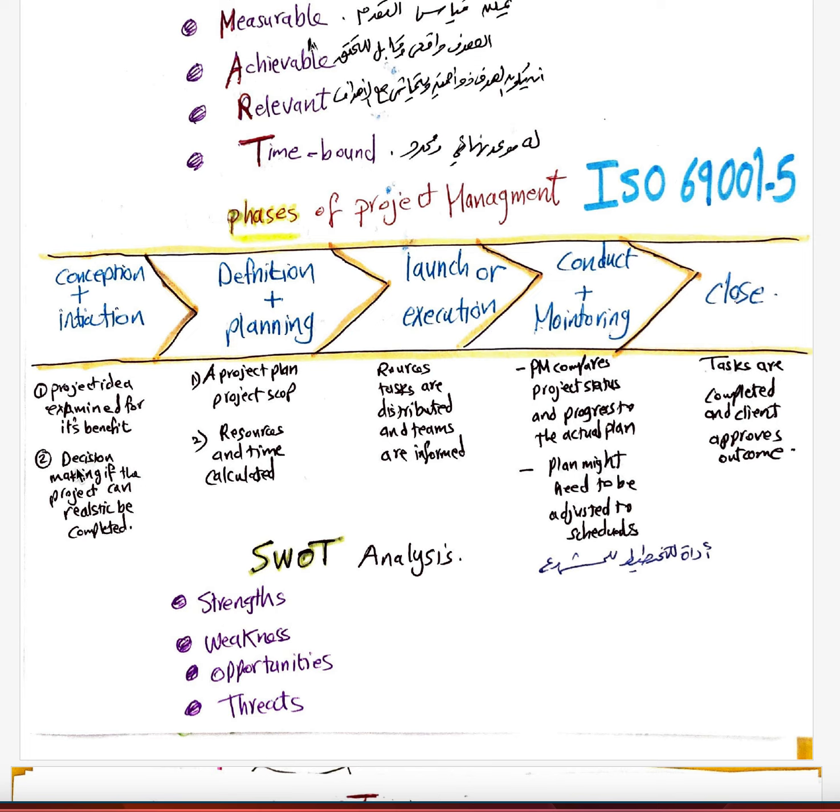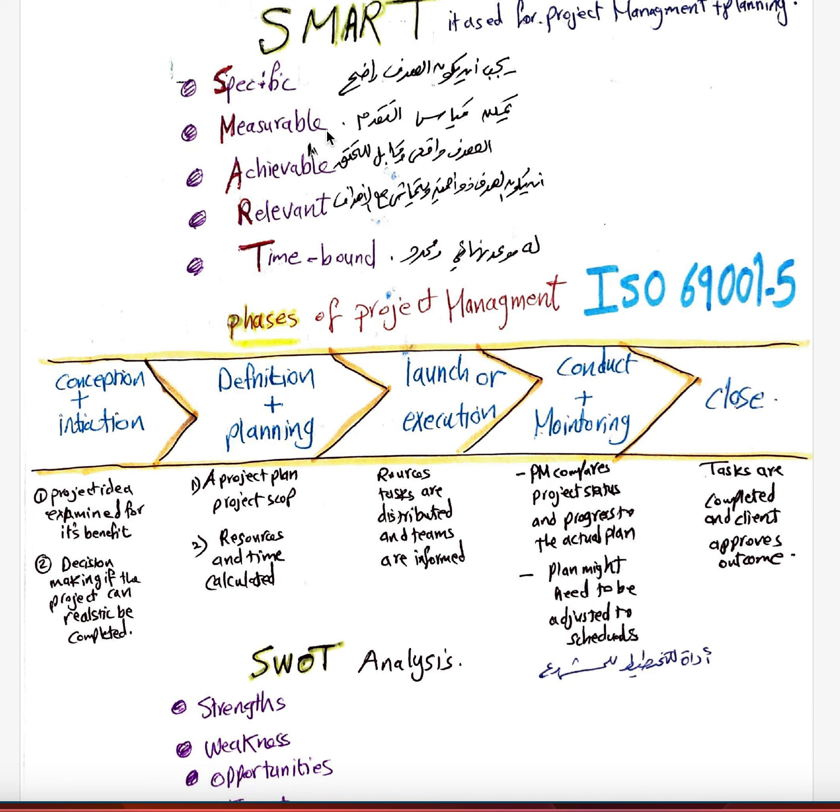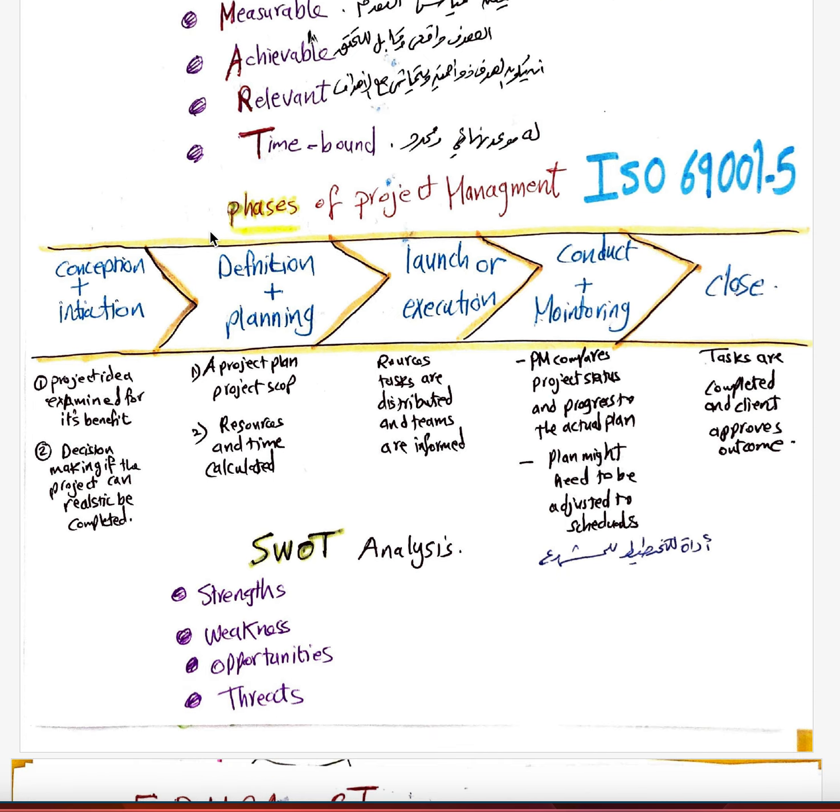By SMART. If the goal is specific, measurable, achievable, relevant, and time bound, then we start this project. And that's exactly for the planning. So the first one, conception and initiation, should focus on whether the idea of the project is realistic, relevant, and clear.